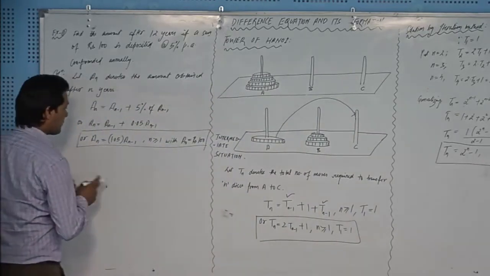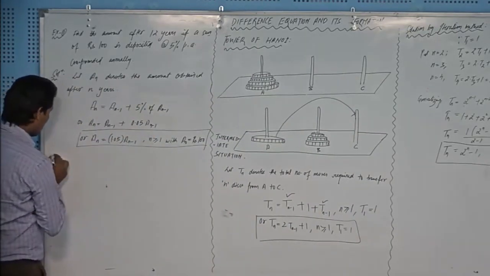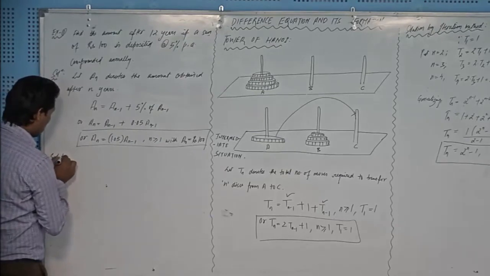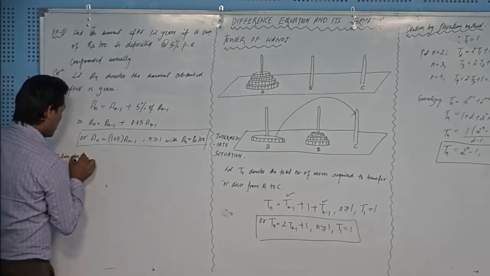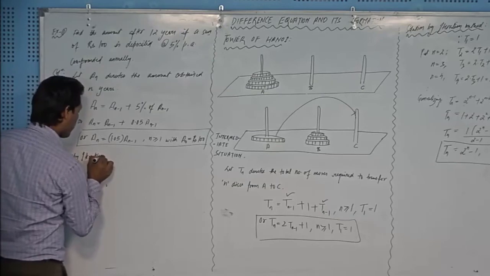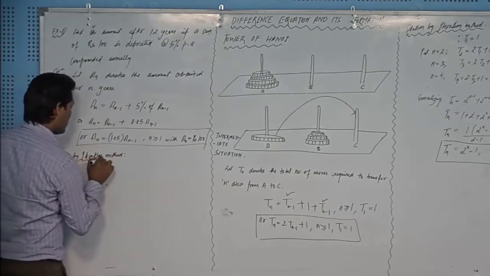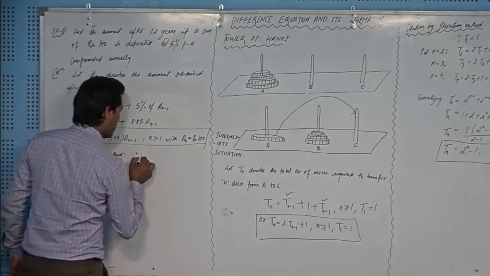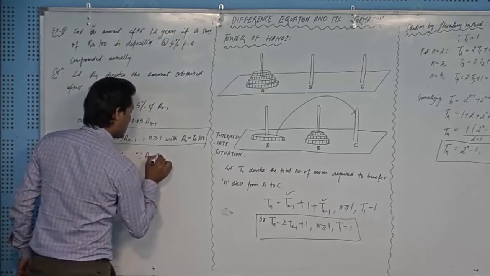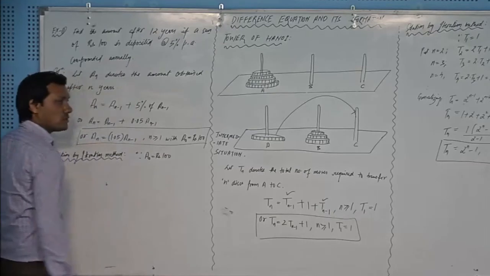So in order to solve this, I will again use that iteration method, right? Solution by iteration method, right? So you already know what we do in this. Since we are given that a_0 is rupees 100, right? This is the principal amount.